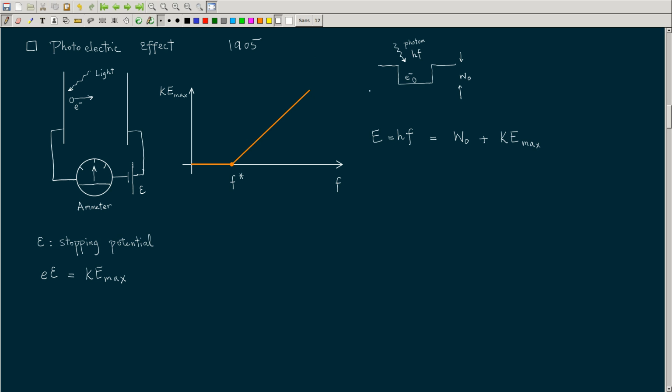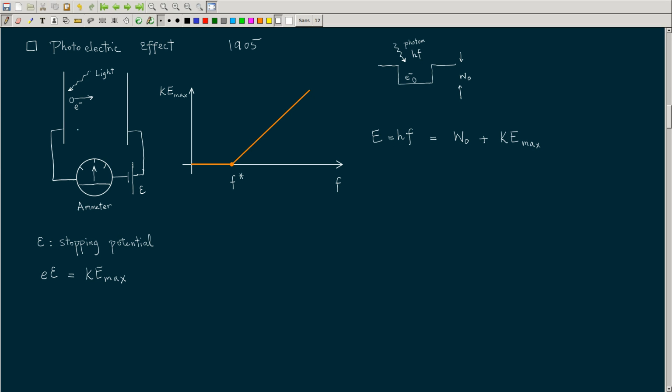Einstein believed that you can think about light as particles called photons, with the same energy levels we talked about, hf. Each photon has an energy hf, and when it hits the metal, electrons jump out. In this apparatus you can measure the kinetic energy of the electrons jumping out of the metal.